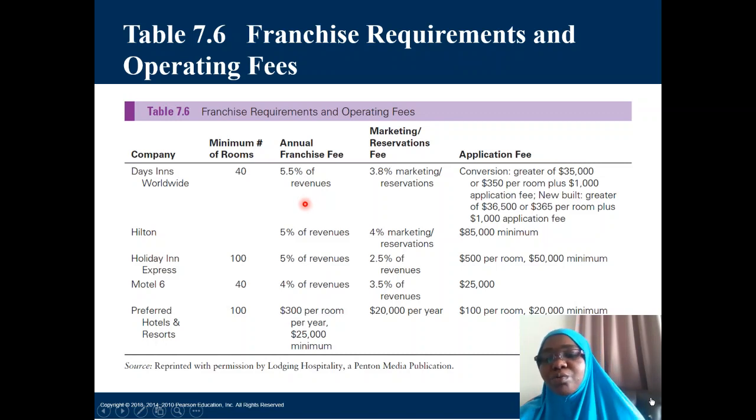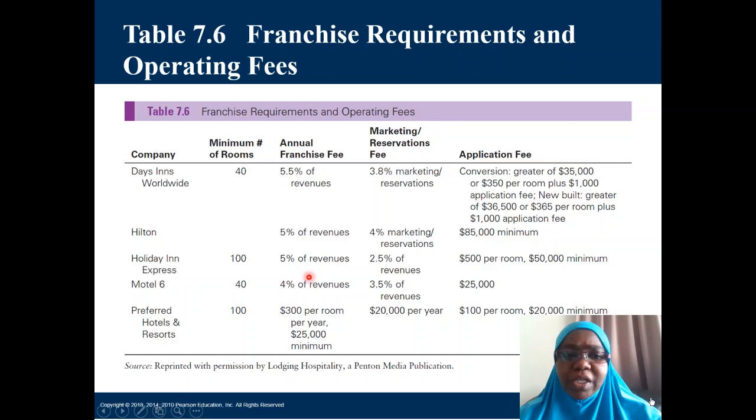All right, once you want to join a particular company as a franchise, and your hotel has up to 40 rooms, then you will be paying 5.5% of your revenue as the annual franchise fee. So we also have the Hilton, which charges 5% of revenue.